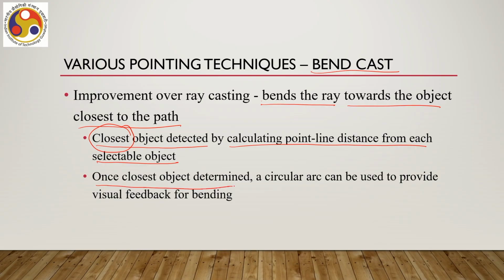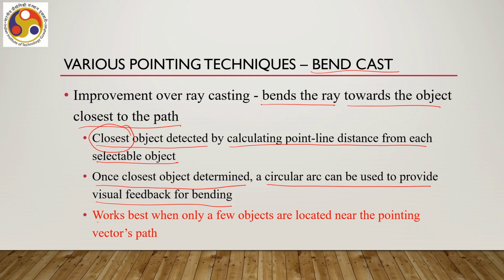So, the precision problem is reduced, and once the closest object is determined, a circular arc can be used to provide visual feedback for bending. So, essentially after detection of the closest object, the system can tell that okay, this way the object can be selected.